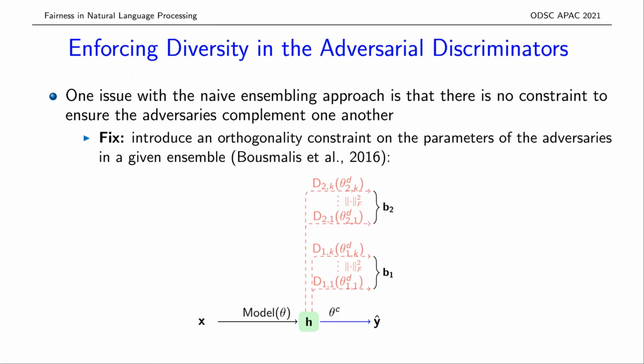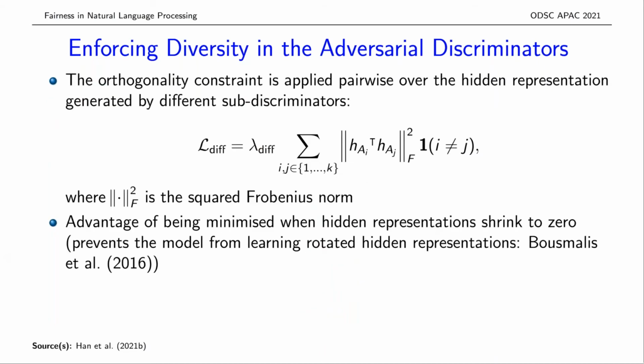So just to confirm, rather than having a single discriminator, we've got multiple discriminators per protected attribute with this orthogonality constraint between them. What that looks like is we do the pairwise, as in each discriminator versus each other discriminator, squared Frobenius norm between them, and we sum that up across all of the different pairs where we don't have identity.